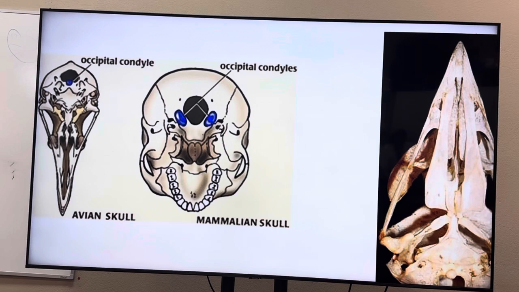So this is paired, this is unpaired. This means we will have a large range of movement here. This will permit a large range of movement of which joint? Atlanto-occipital.